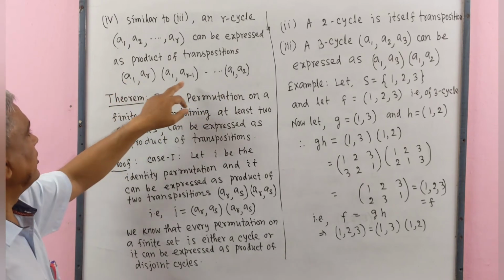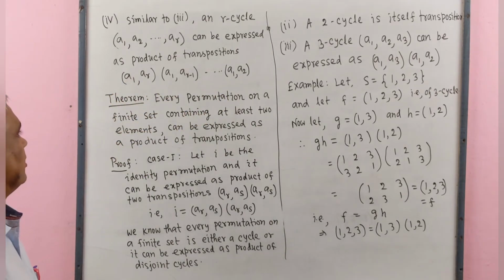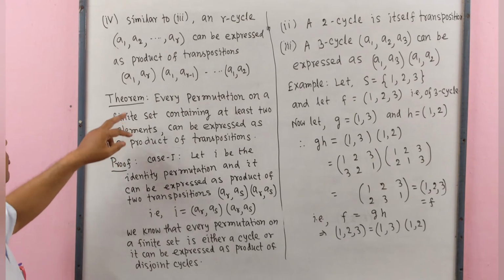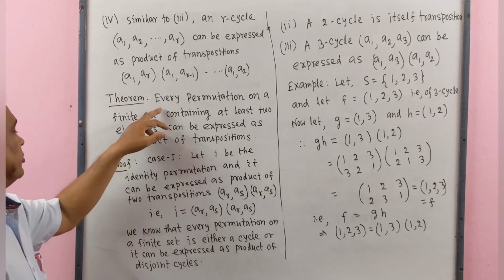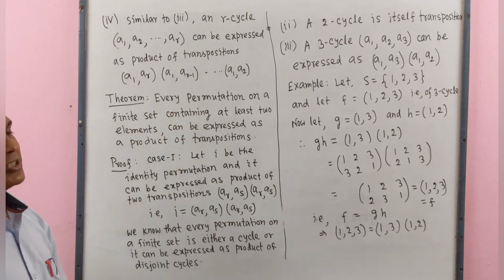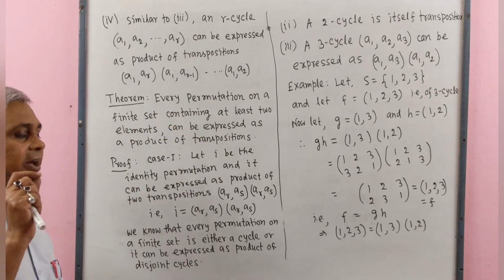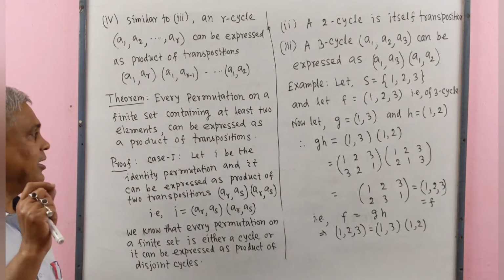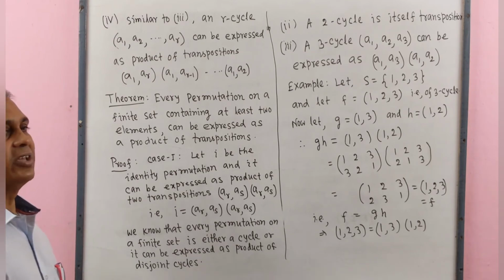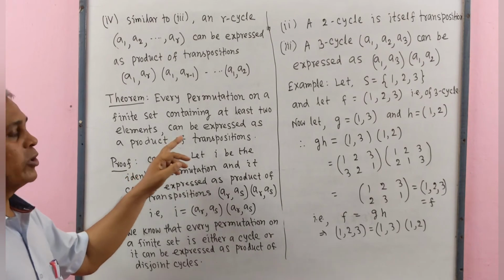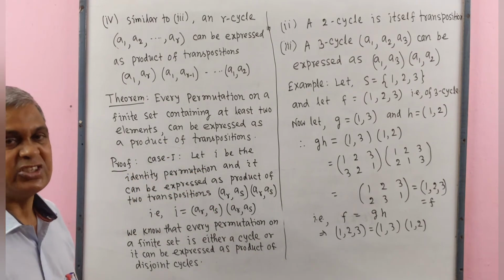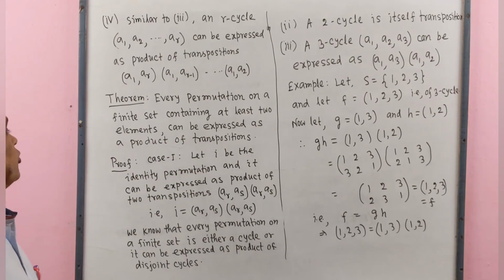These are all transpositions. Now we prove a theorem. Theorem: every permutation on a finite set containing at least 2 elements can be expressed as a product of transpositions. Now we prove this.